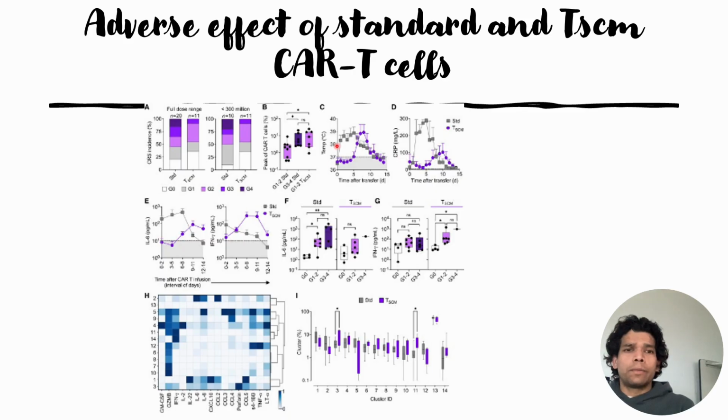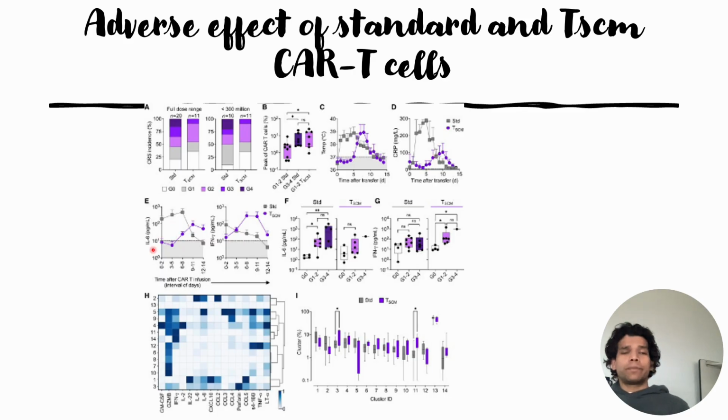And although the fever temperature is almost the same for both cases, the CRP is significantly higher for the standard CAR-T cells compared to the TSCM based CAR-T cells, indicating that TSCM based CAR-T cells decouple expansion and toxicity.